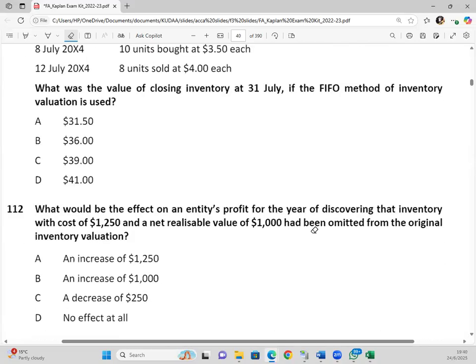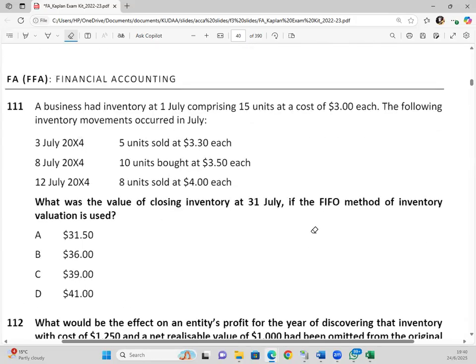So without wasting much time, here is FIFO, 111. Can you try FIFO? What is the value of closing inventory using FIFO? It's not a test.